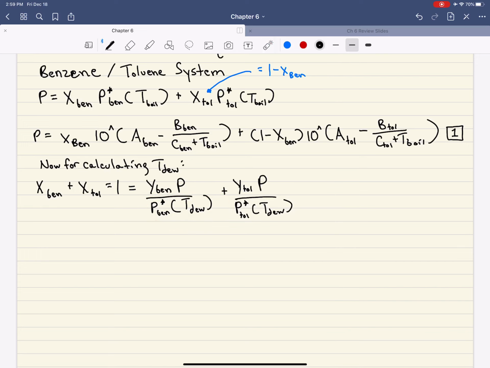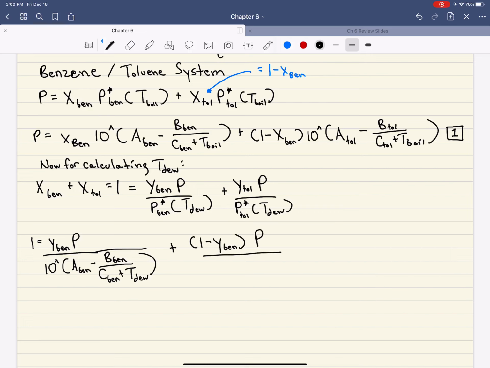So now I have 1 is equal to Y ben P over the vapor pressure from Antoine's equation, 10 to the A ben minus B ben over C ben plus T dew, plus 1 minus Y ben over P over 10 to the A toluene minus B tol over C tol plus T dew.